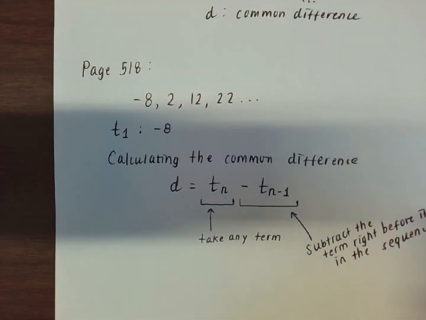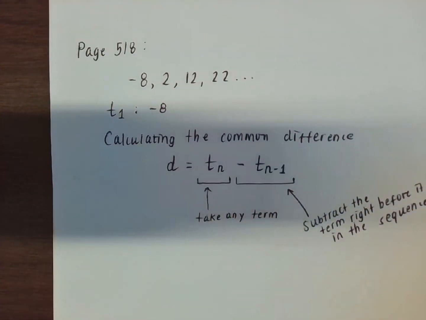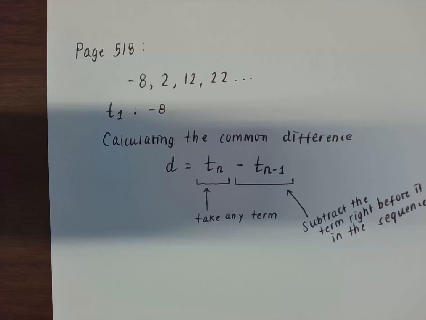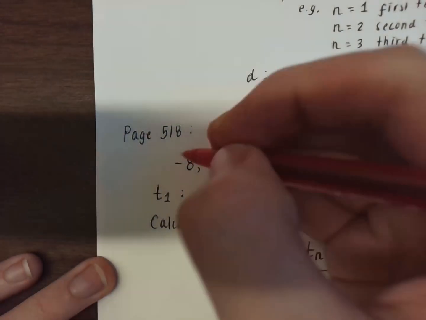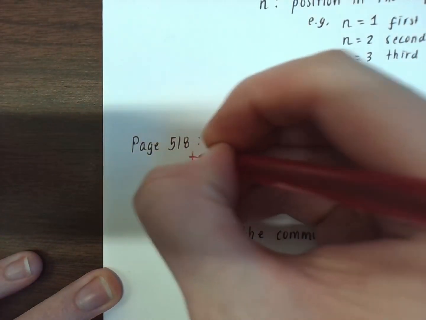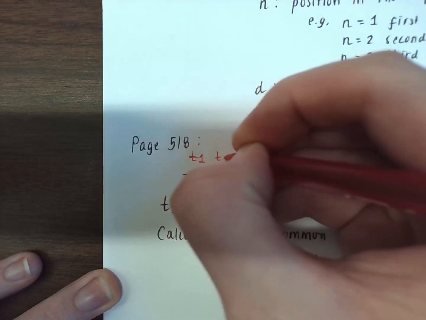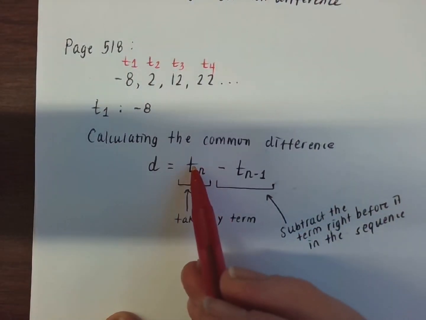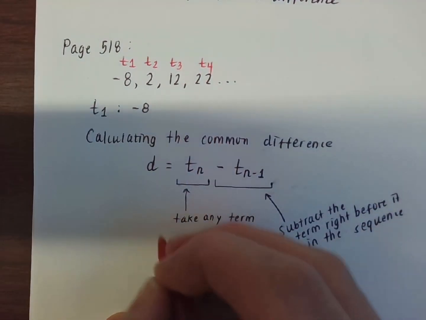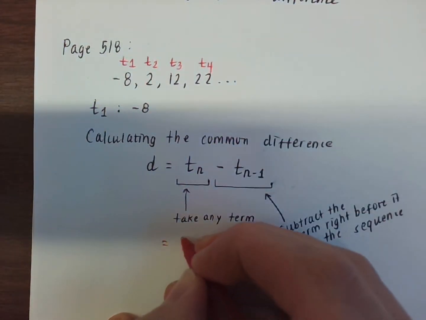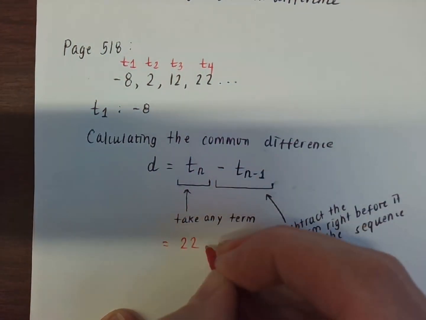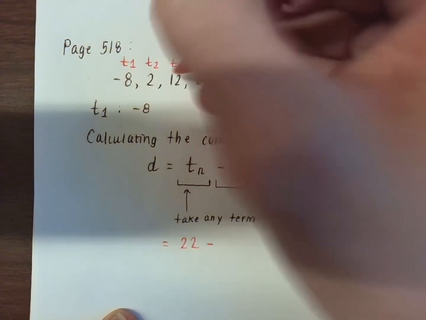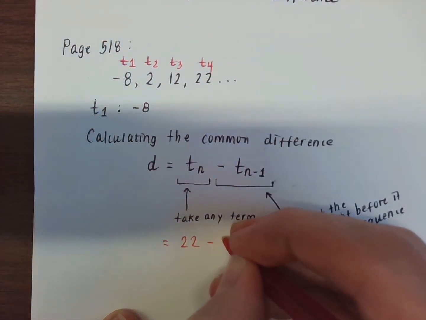So, like in this case, just to be clear, the starting point always has to be T1. So that means this is going to be T2, this is going to be T3, this is going to be T4. So I can take any term. Let's say I take T4, which is 22, that means I want to subtract the term right before it, which is T3, which is 12.